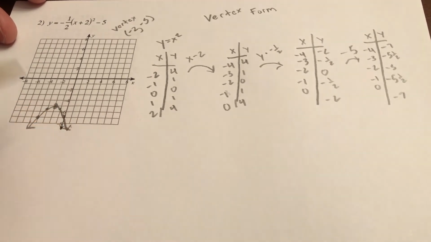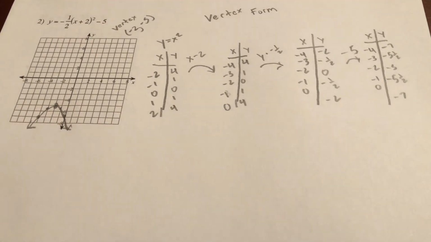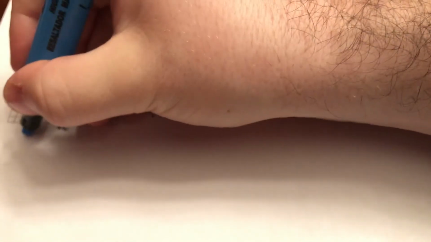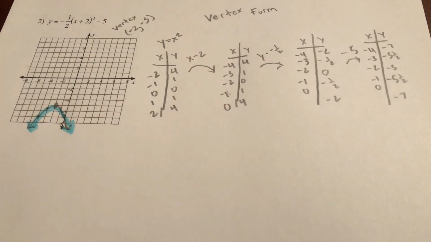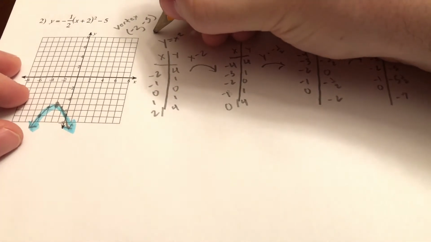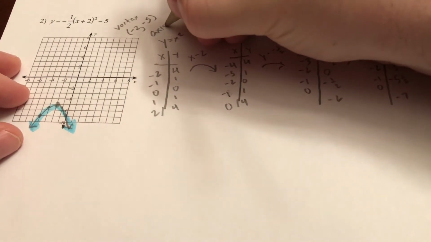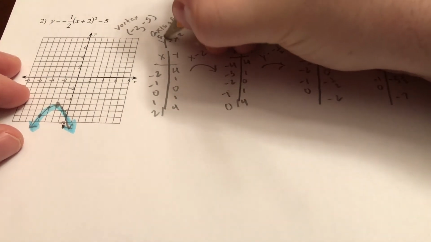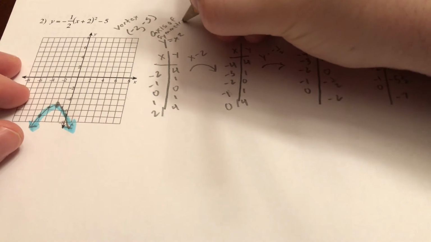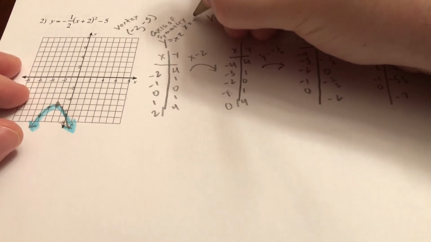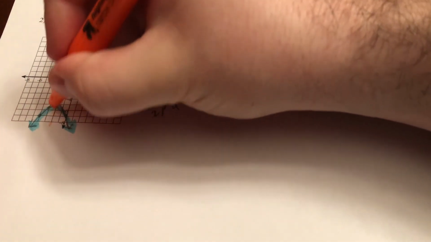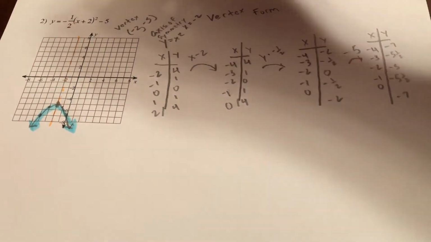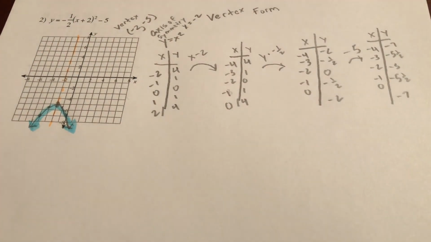So it looks kind of like that. It's really important. I almost forgot a very important thing to do on my graph here. I also know that the axis of symmetry is x equals -2.